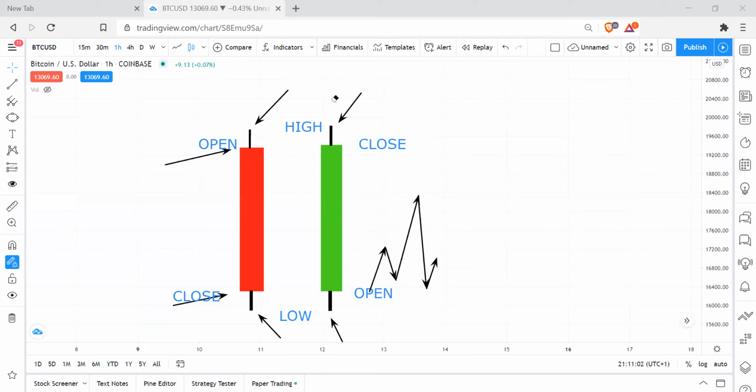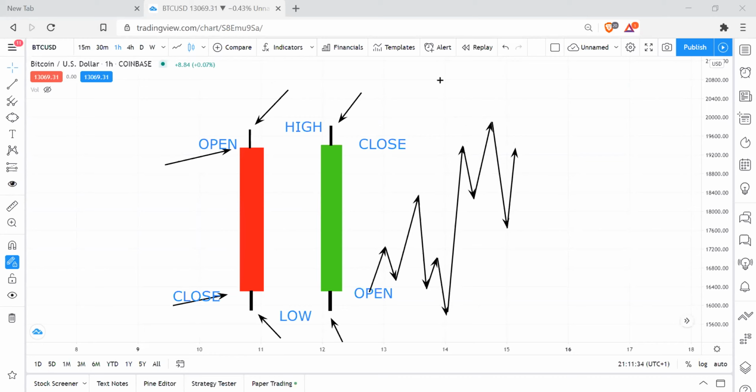Then it comes all the way down here to this region, the low, and then goes up, comes down again, then goes up, creates the high, and then now comes back in and closes here for the day. So where did price begin from?